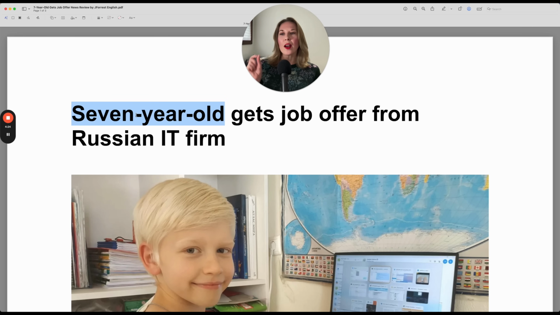7-year-old. Notice how there are dashes between this, and you might notice that there's no S on year. This is because it's an adjective and it describes the boy. Technically, the word boy is missing, or you could say child: 7-year-old boy, 7-year-old child, for example.